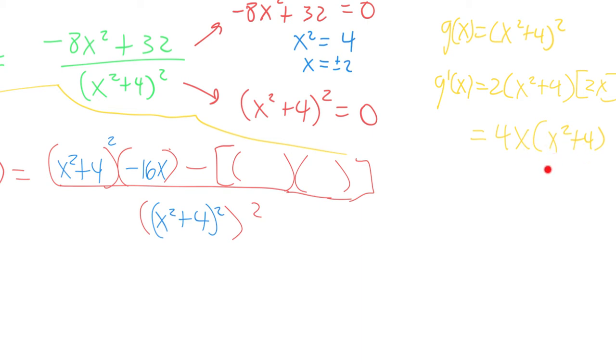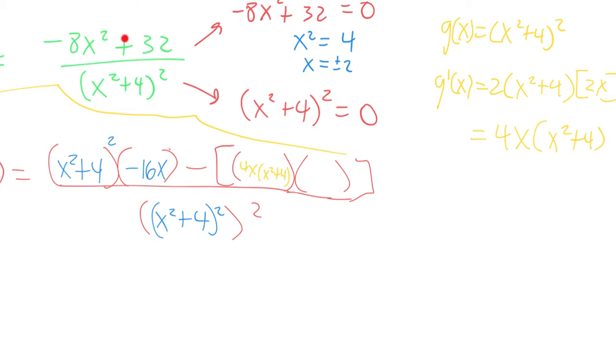Okay. So therefore, I'm going to put that there instead. We're going to have 4x times x squared plus 4. And that's going to get multiplied to the original numerator.